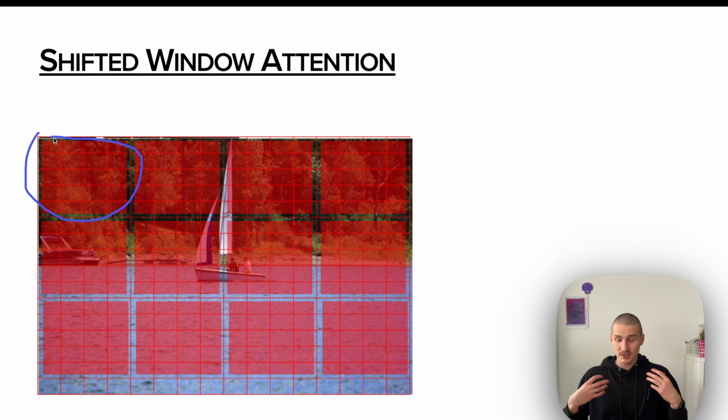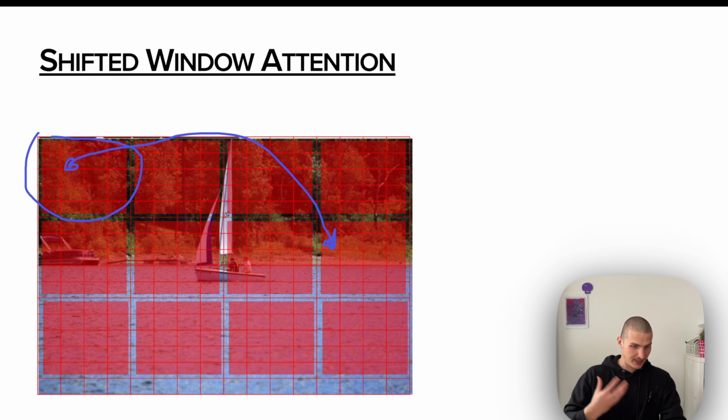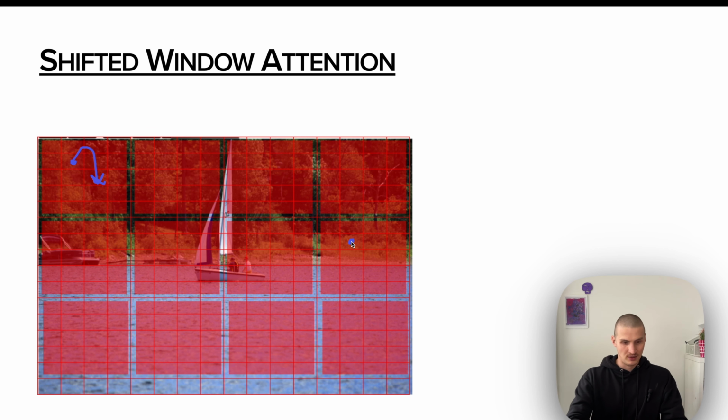We compute what is called window attention, where instead of every patch on the image communicating with every other patch, which yields quadratic complexity and all pairwise interactions between patches, instead we limit this self-attention only to patches within the same window. So this guy can communicate here, but not to the neighboring windows. And same goes for this one. So a patch within this window will only be able to interact with neighboring patches in this window.